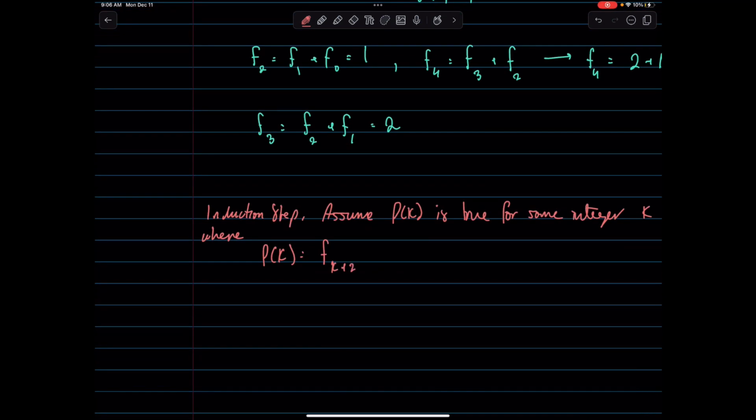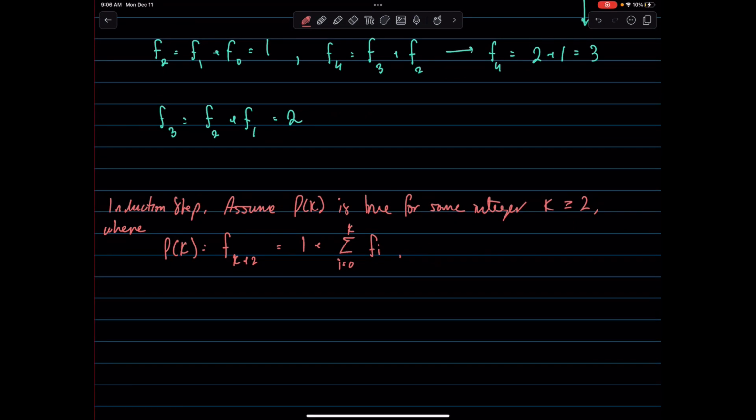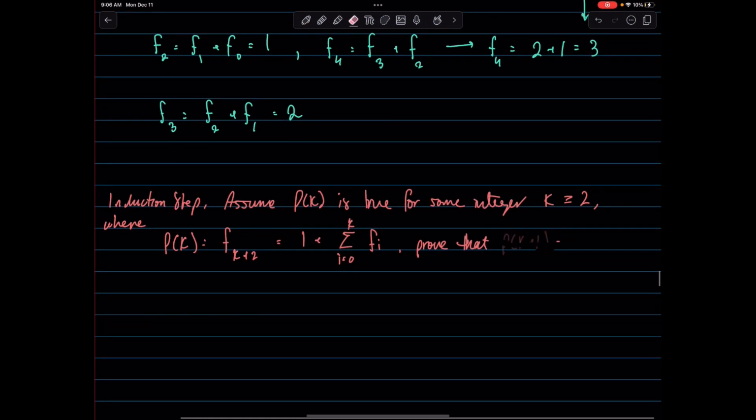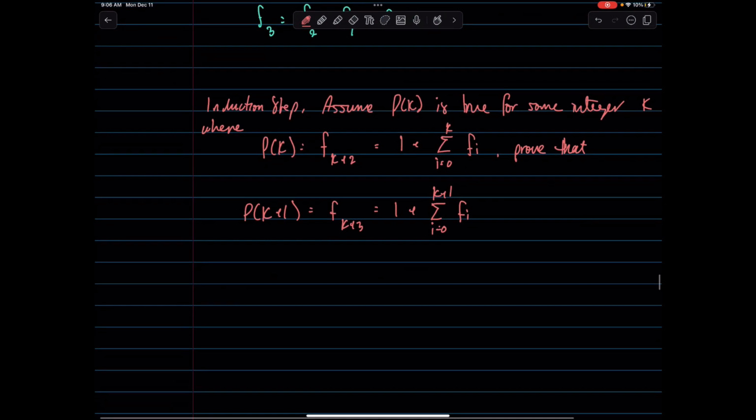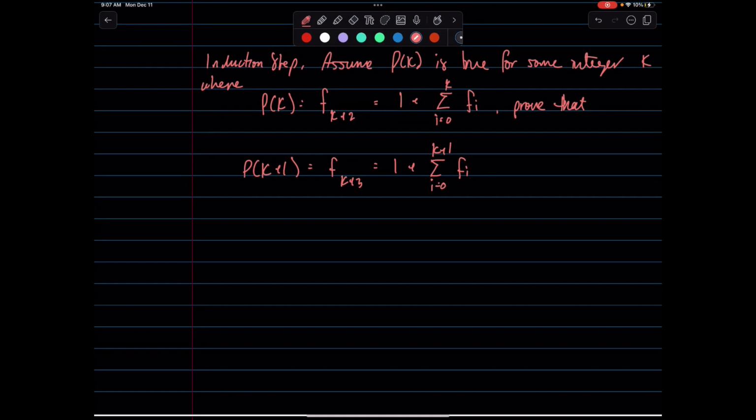So instead of n, we'll just say k here. This is 1 plus the summation from i equals 0 to k of f of i. And we need to prove that pk plus 1 equals this.